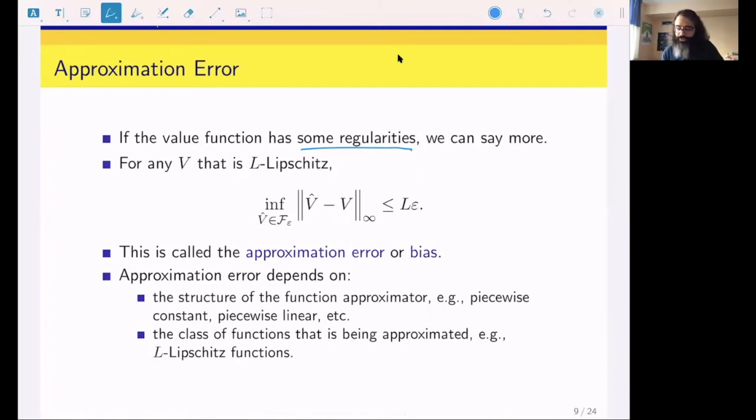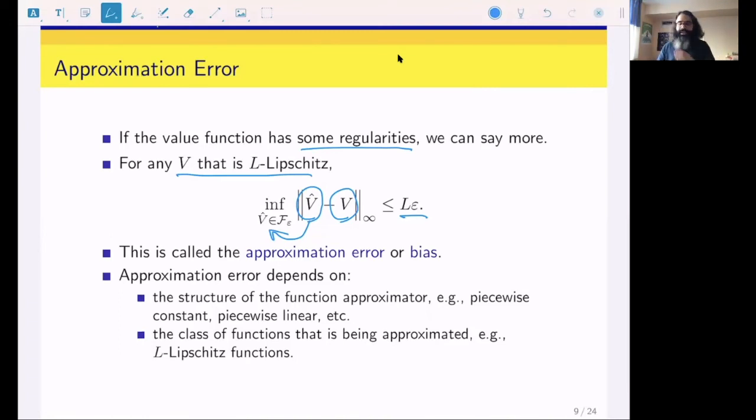We can say more. For example, if V is Lipschitz, then for any V that is Lipschitz, we can find a V hat belonging to the piecewise constant functions with the error bounded by L times epsilon. So if L is finite and epsilon is small enough, we can find a piecewise constant approximation that is accurate enough.